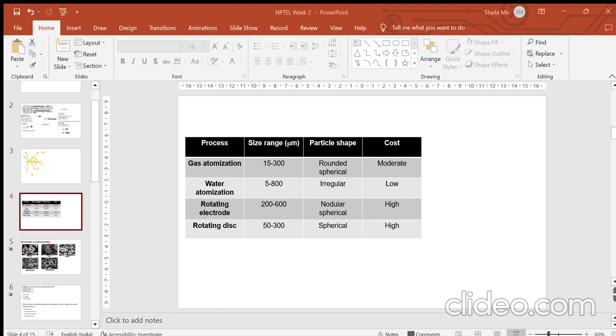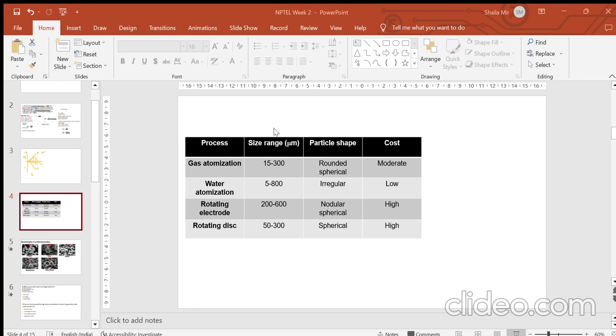Based on the atomization, we can have a range of particles that are to be formed. For example, for gas we have a particle range from 15 to 300 micrometer. For water, we have 5 to 800 micrometer. For a rotating electrode, we have a little higher range, 200 to 600 micrometer.